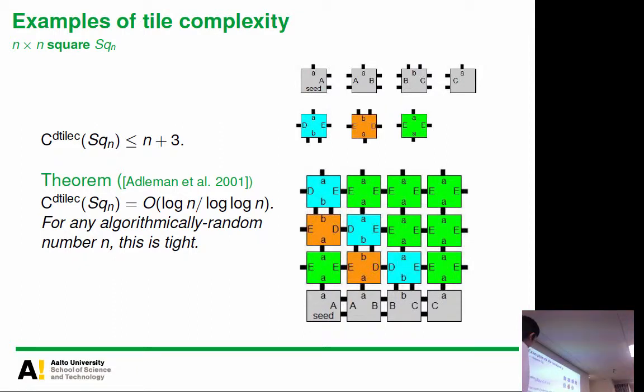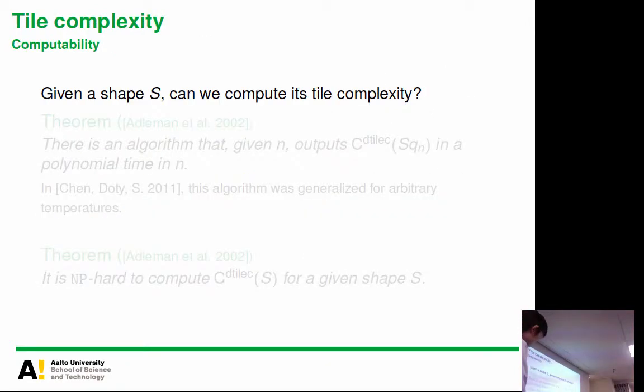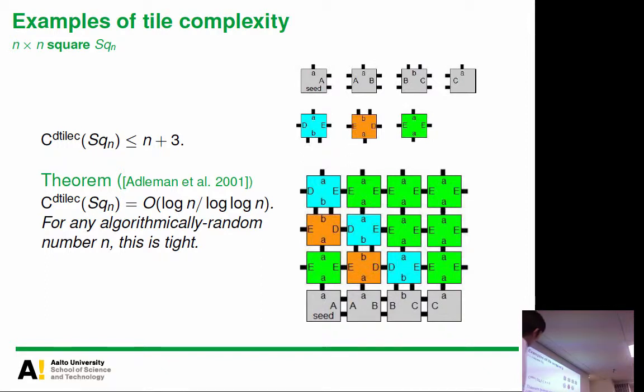They said this tile complexity is order log n over log log n. And for any algorithmically random number n, this is tight. We cannot go down, because if we could go down, this would contradict Kolmogorov complexity. But we can prove such a nice result.